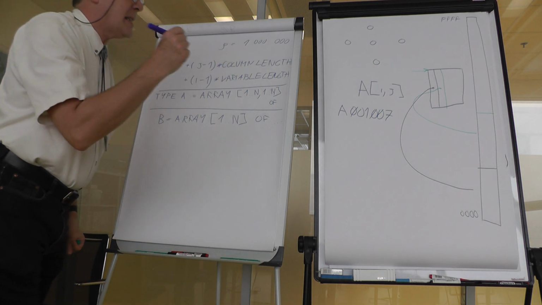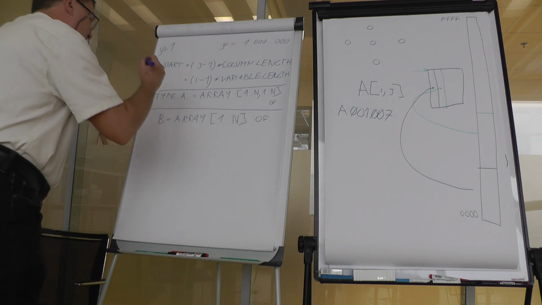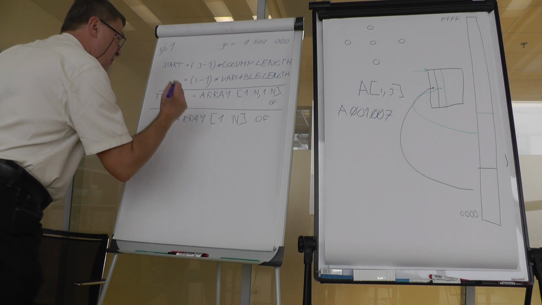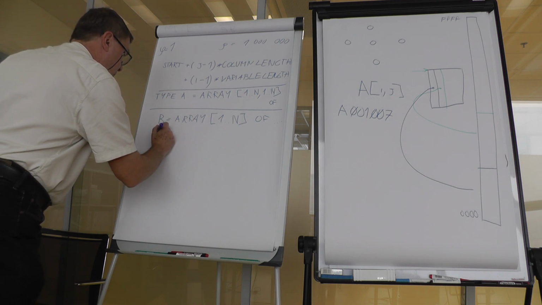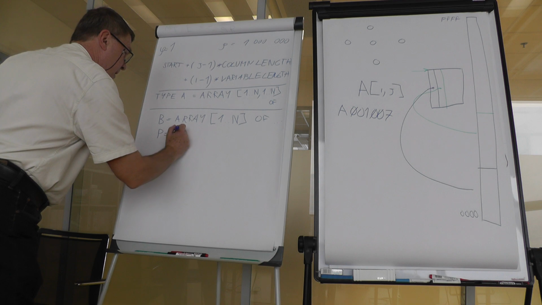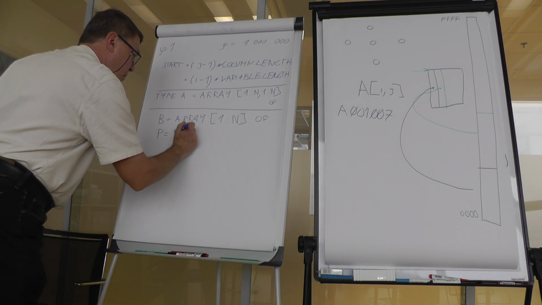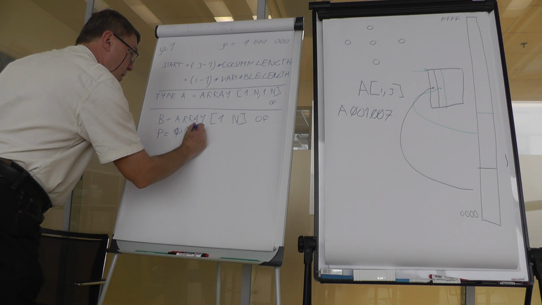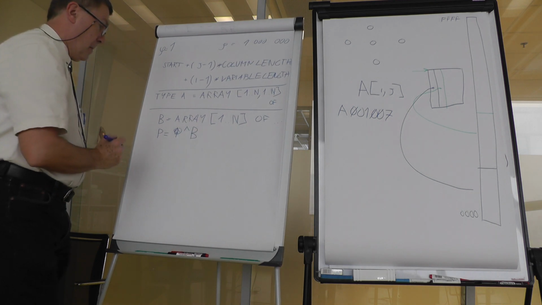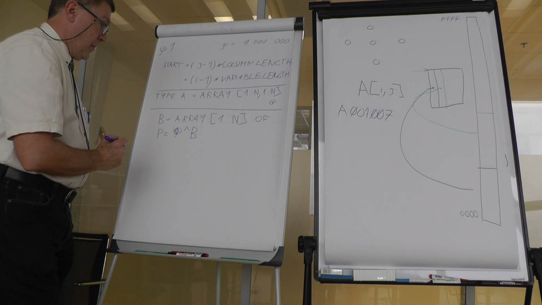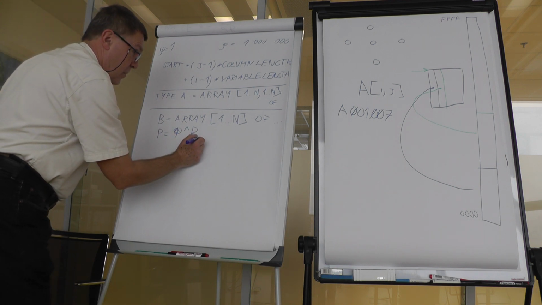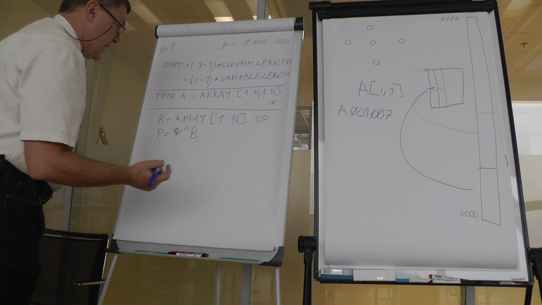And in order to access it faster, I can do it, for example, in the manner that I define type P, which is a pointer. Sorry, it's not an arrow. Pointer on B. Well, what's the fun about using a pointer?